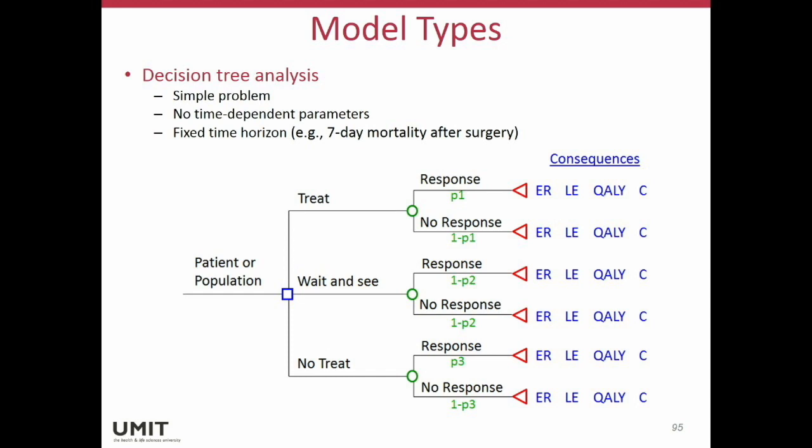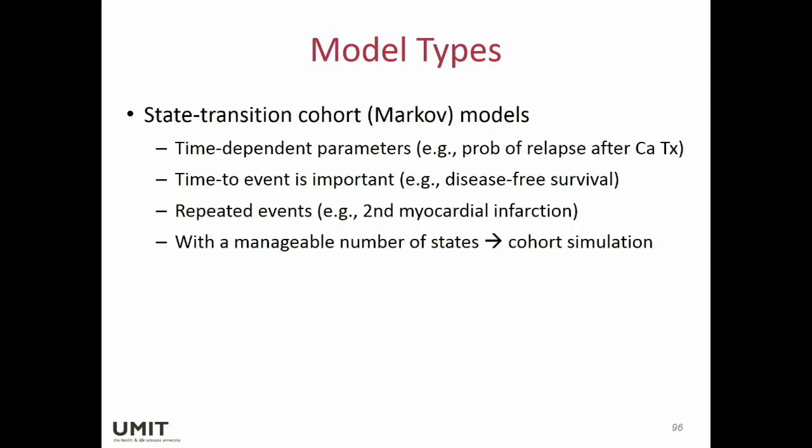If you have a longer time horizon, then you will see that the tree gets more and more bushy, and it's harder to handle. Also, when you think of repeated events that could happen, it becomes more and more complex, and you would rather then think of using a so-called state transition cohort model.